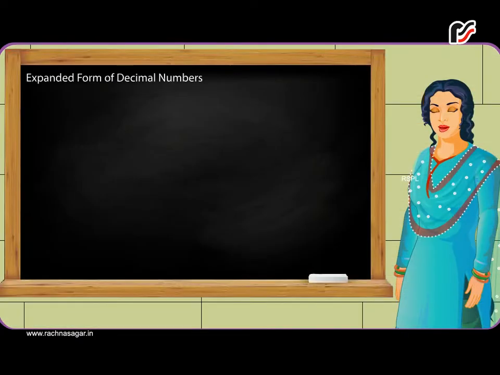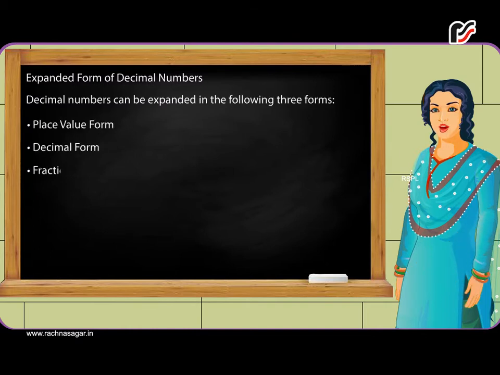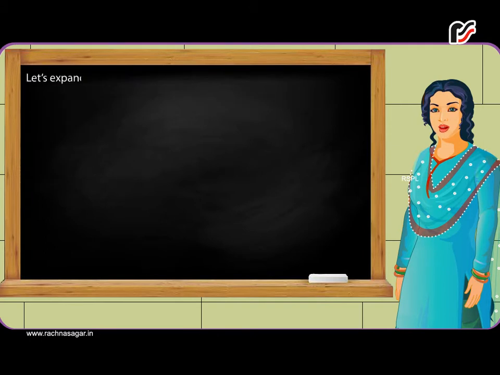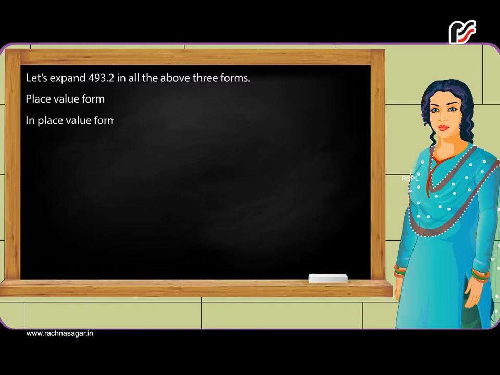Expanded form of decimal number. Decimal numbers can be expanded in the following 3 forms: place value form, decimal form, fractional form. Let's expand 493.2 in all the above 3 forms. Place value form. In place value form, 493.2 is equal to 4 hundreds plus 9 tens plus 3 ones plus 2 tenths.